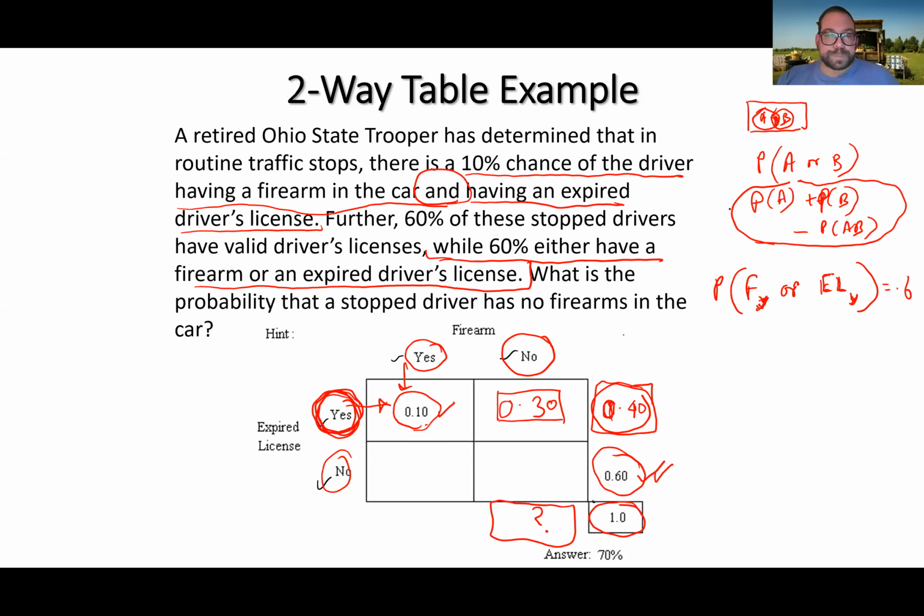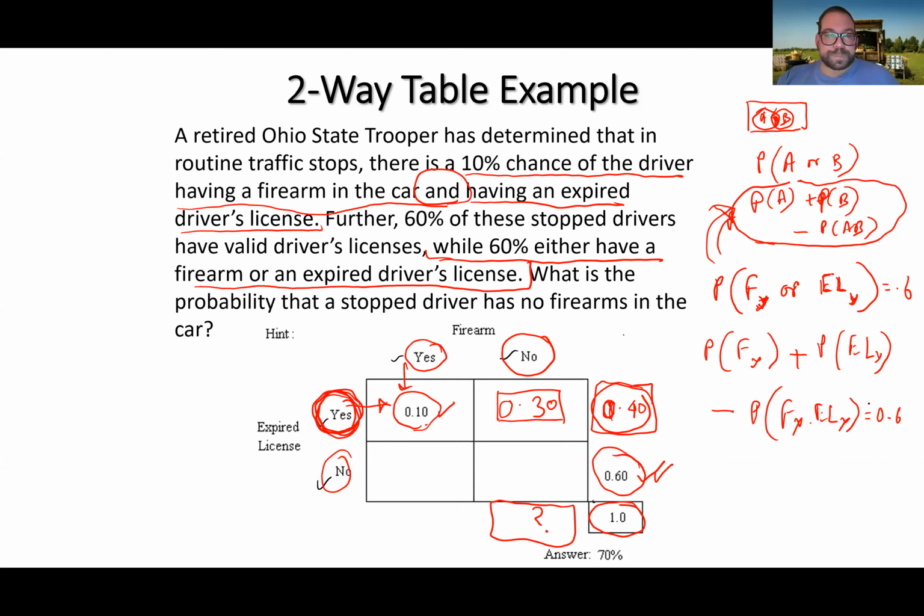So when you apply this formula or the rule of probability, if you break that up, this basically becomes probability of a firearm yes plus probability of an expired license yes minus probability of a firearm yes and an expired license yes equals 0.6.